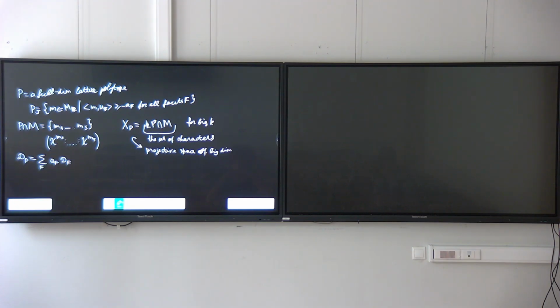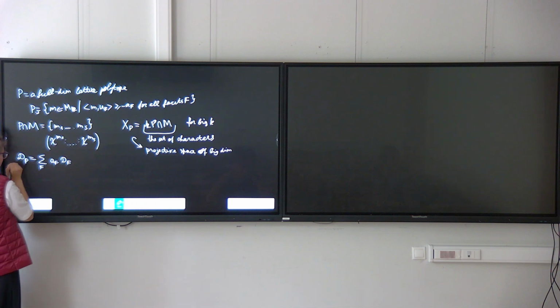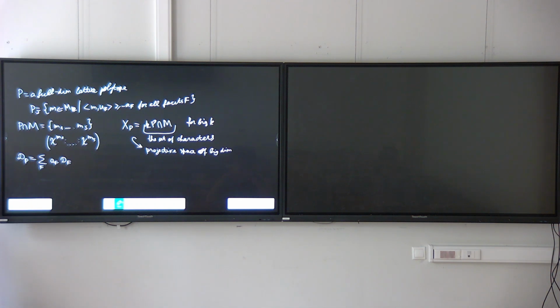So each facet will go to the normal ray. So for the fan, DF will be the ray. So this will be a prime divisor. So if we started with a full dimensional polytope, then we have the dual fan. Since it was full dimensional, the fan will be complete, and DP will be a Cartier divisor.